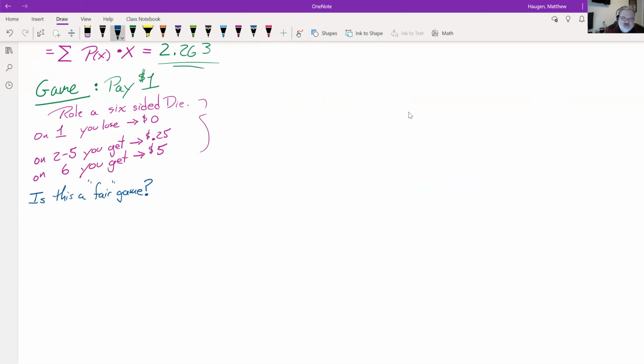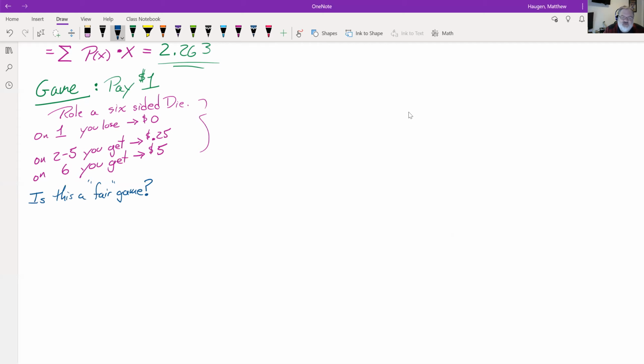They favor the house. If this game was in our favor, if the odds favored us as the player, then we would expect to get out more than we pay in. So this fair game idea really is an expected value problem.